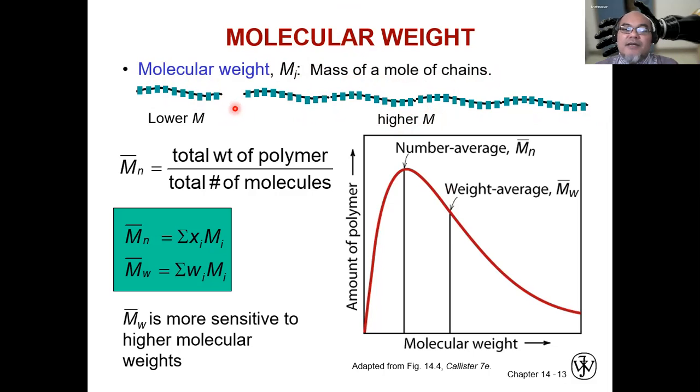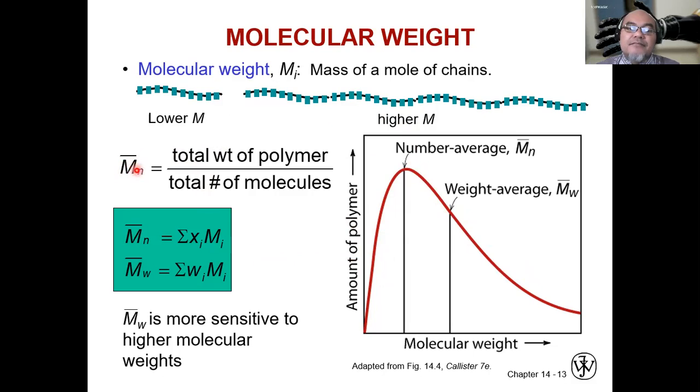In one single polymer sample, it may contain multiple different chains with different lengths. So it's not always the case that one single polymer, let's say a suspension or whatever, has only a single length of molecular chain. It may vary, and this variation of molecular chain length is graphed as this kind of distribution.